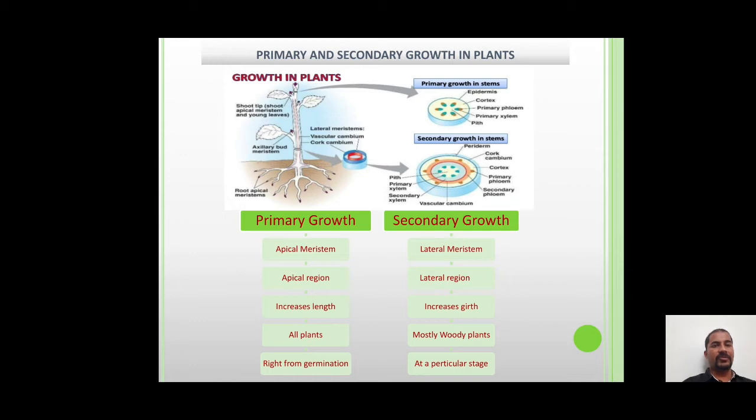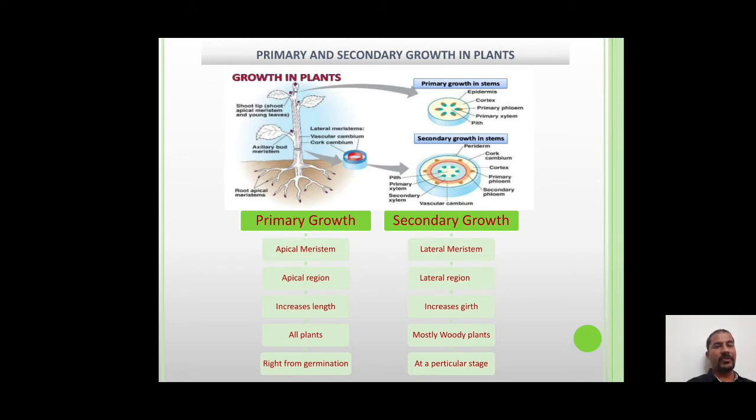The primary growth increases the length of the plant, while the secondary growth increases the girth or the thickness of the plant. Primary growth can be observed in all types of plants, while the secondary growth is observed mostly in woody plants such as the dicotyledons and gymnosperms, which are either trees or shrubs.